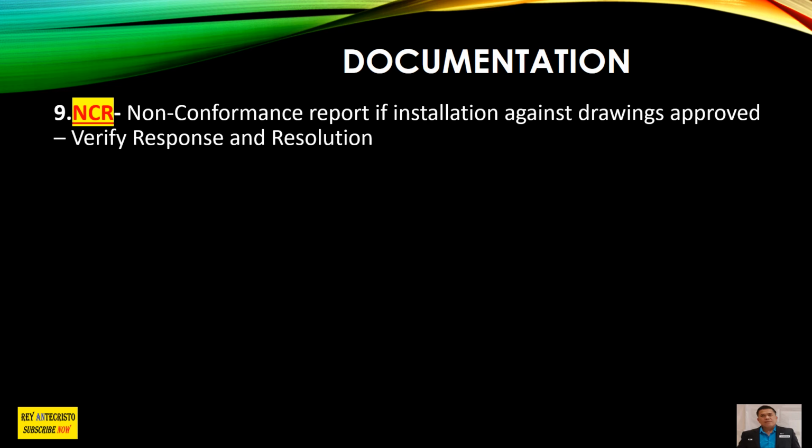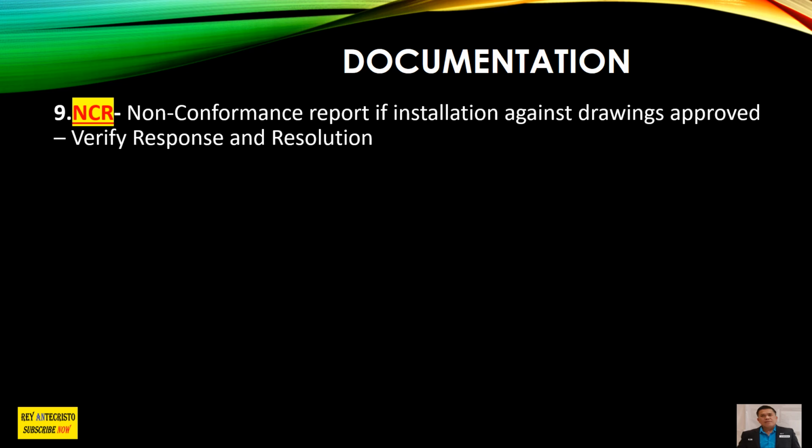QA/QC department. If they found a mistake, if they found that you are not following the approved drawing and some of the specification, as a client, I will give information to the contractor that this installation is wrong against your drawing, and this installation is wrong against our specs.